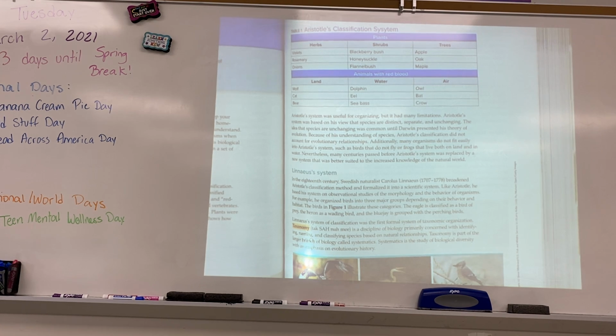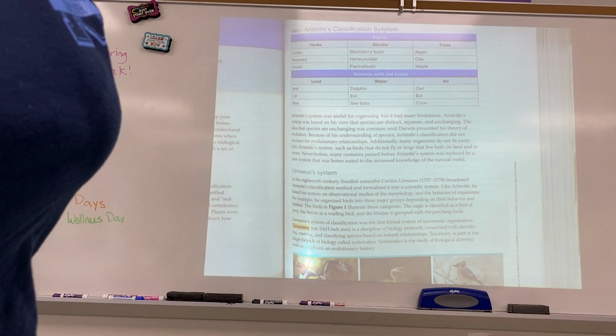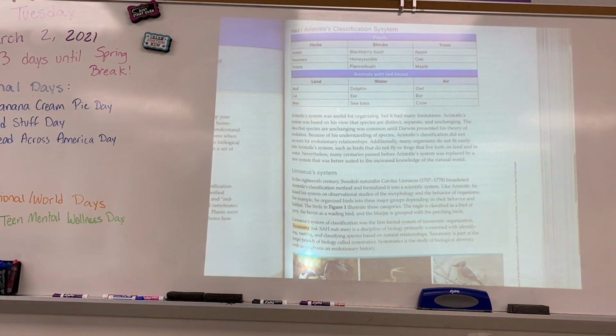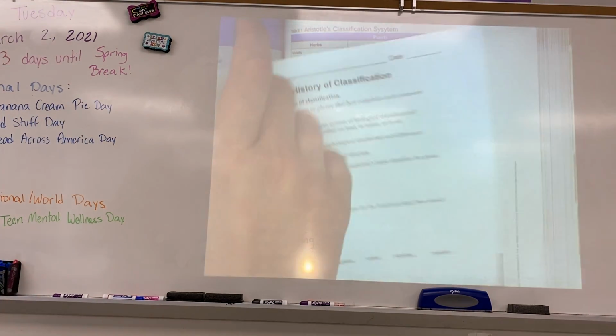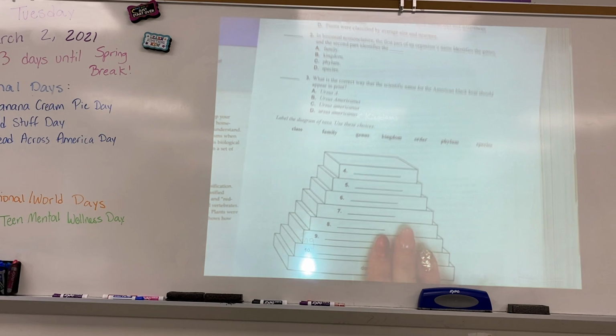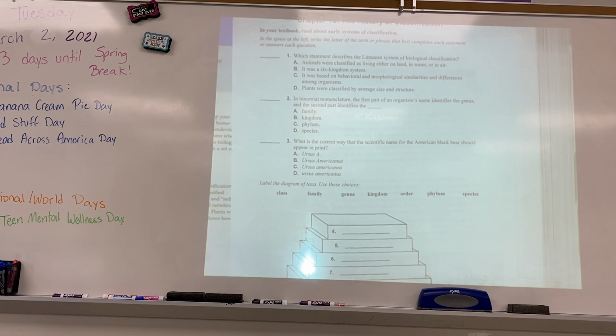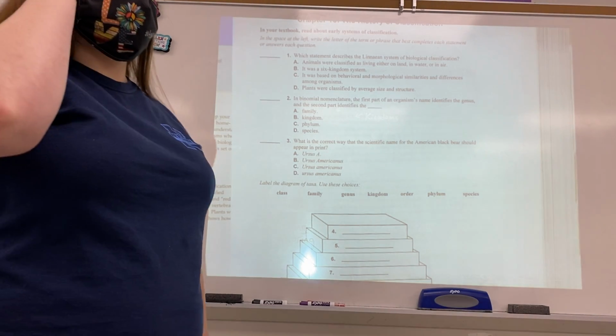You should have a textbook underneath you or somewhere around you. So 479, and then we are going to start on the first page that has the pyramid on it. So you need to have your textbook out and the sheet that has the pyramid on it so that we can work through these worksheets together.